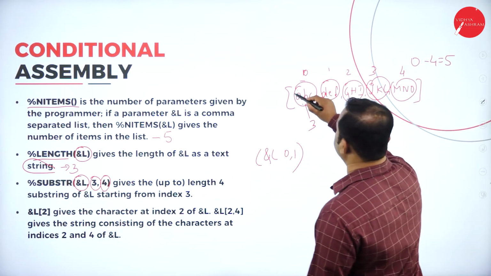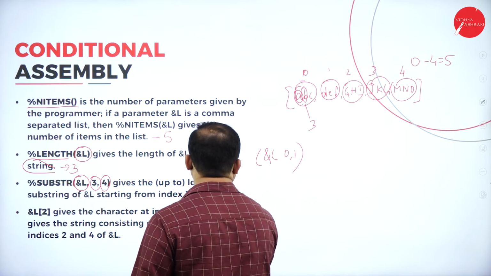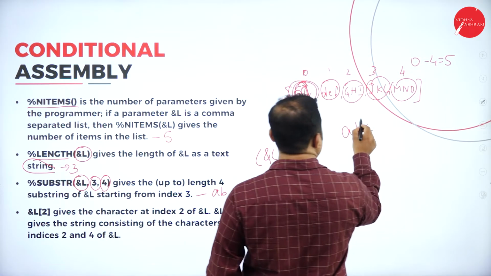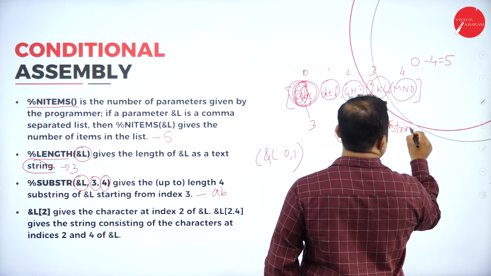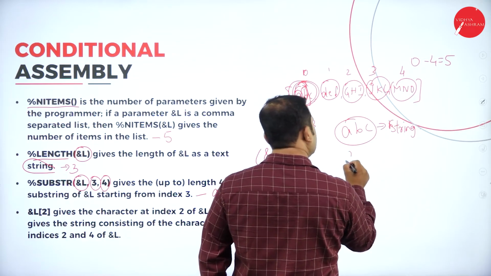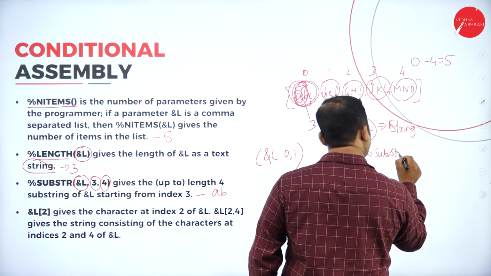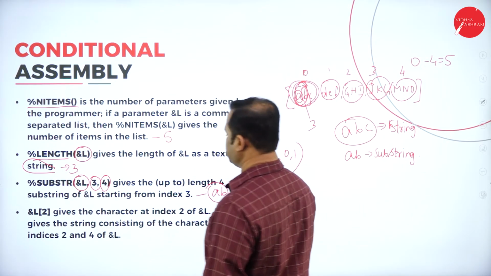What happens? This becomes 0, this becomes 1. So it prints only 2 characters, that is AB. ABC is a string. What is the substring of this? AB is a substring. So we have the values printed like this, AB.